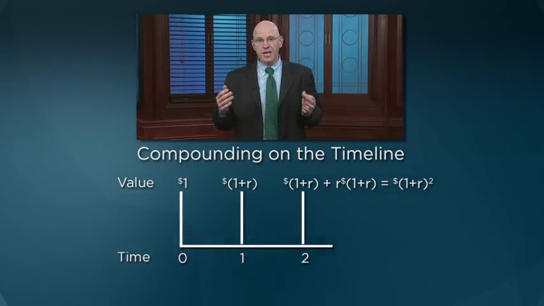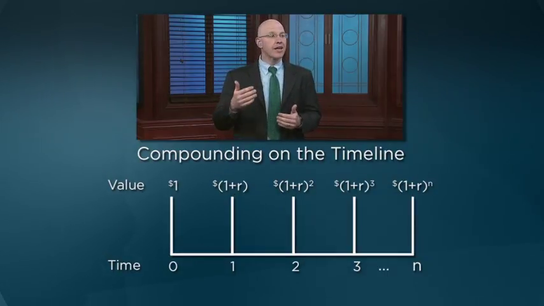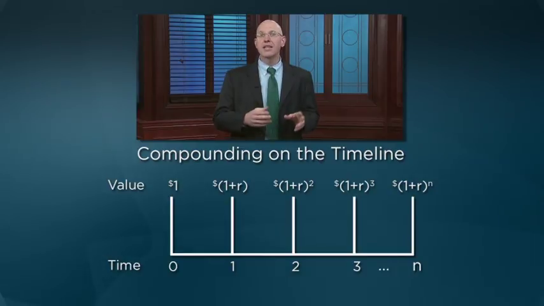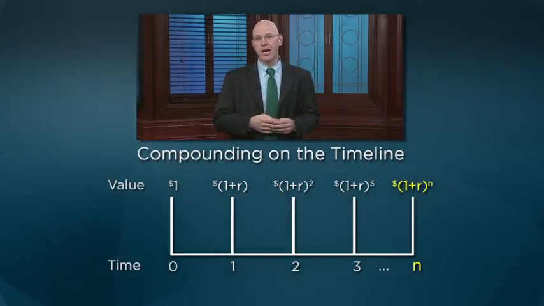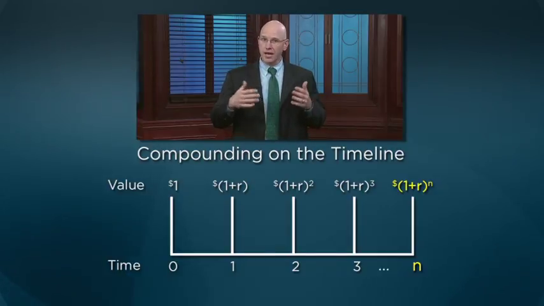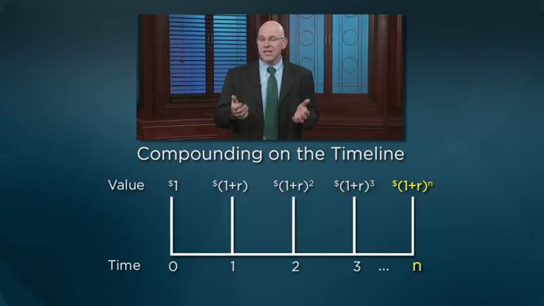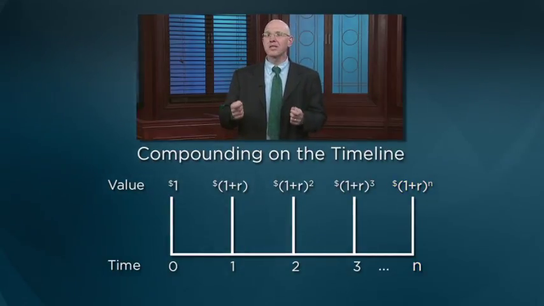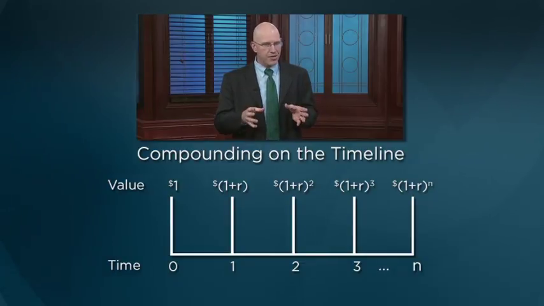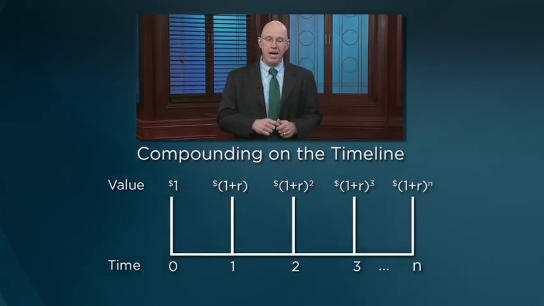This works for any number of periods, so that if you put $1 in the bank today and leave it there n periods, then the value of the account at time n, that is, n periods from now, is 1 plus R, that quantity raised to the nth power, dollars. This is easy to visualize on the timeline. Here, the timeline shows that a dollar deposited in a bank at time 0 will keep earning interest and growing for as long as you leave it in the bank.